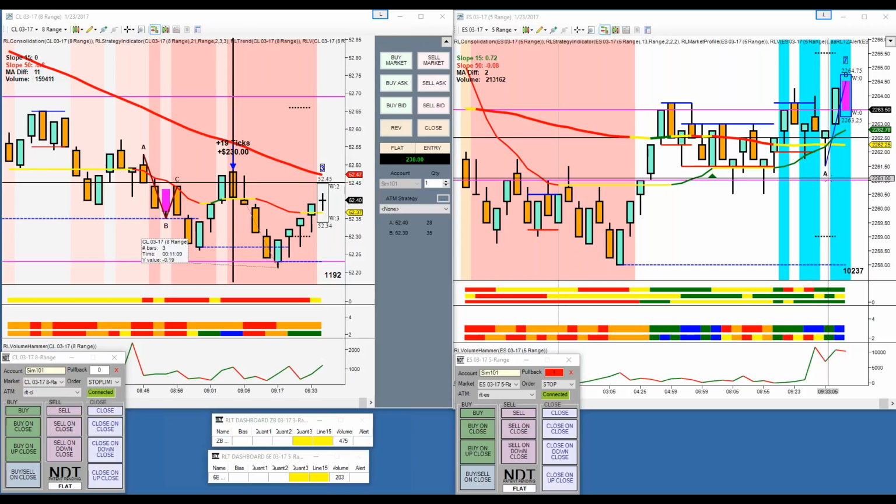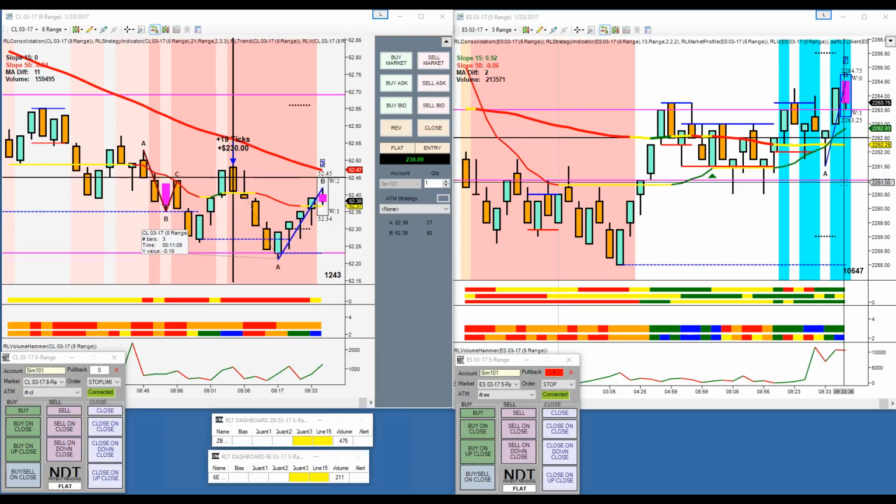Got 10,000 contracts a minute on the E-mini. Great volume. See the quants almost all green.